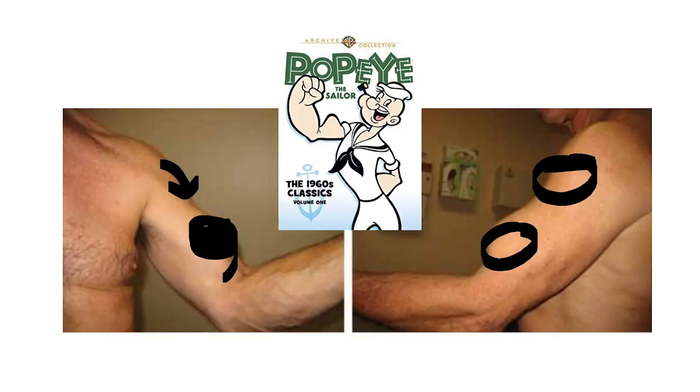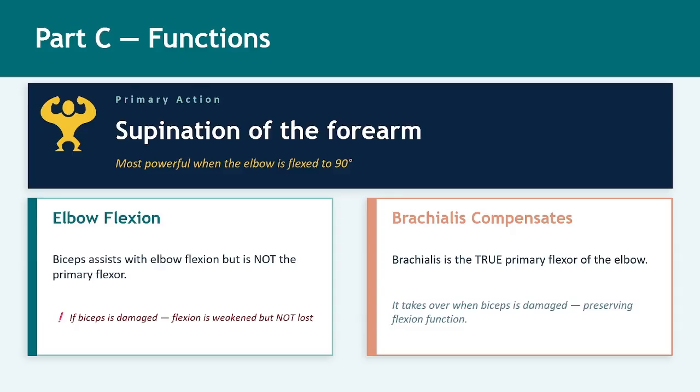So as I said previously, the main action of the biceps would be flexion of the elbow joint and sometimes even a little bit of supination.